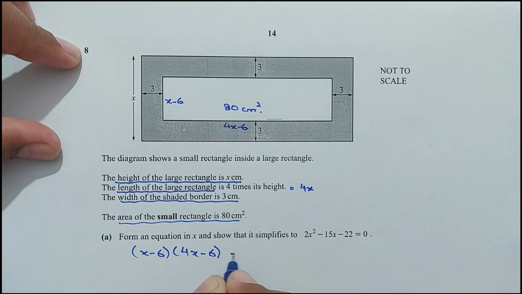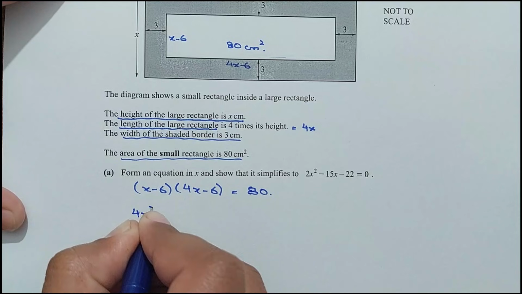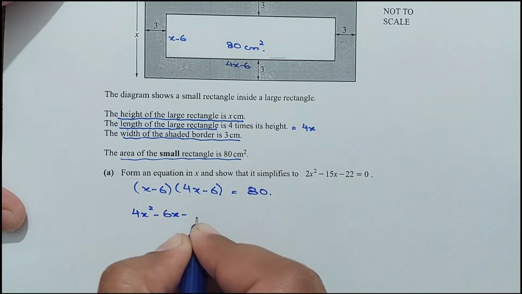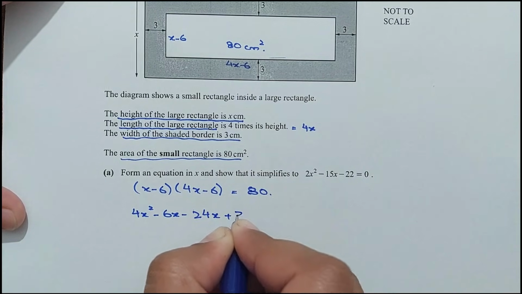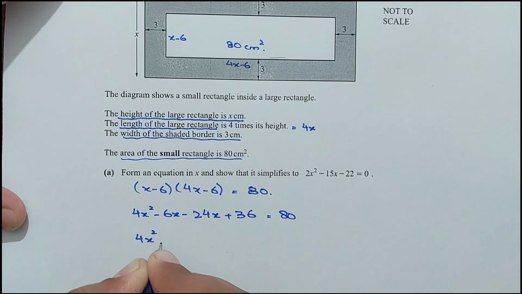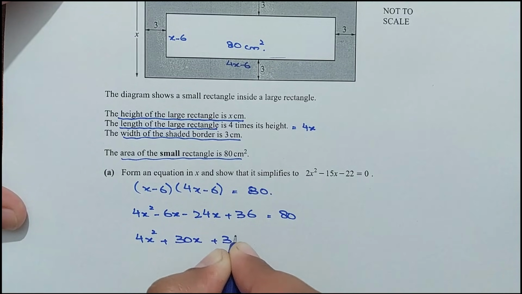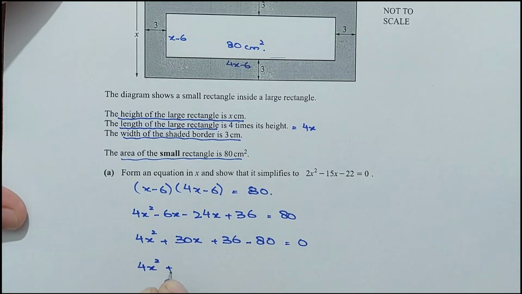The length and the width product would be 80 square centimeters as we have been given. Now let me simplify this. So this would be 4x squared minus 6x minus 4 times 6 would be 24x, and plus 6 times 6 is 36. This is 80. So 4x squared plus 30x plus 36 minus 80 would be equal to 0. 4x squared plus 30x, right?